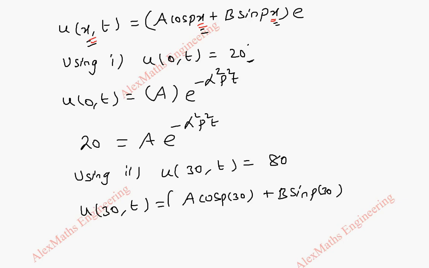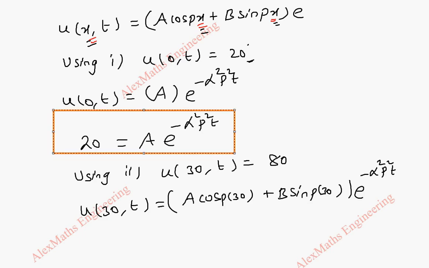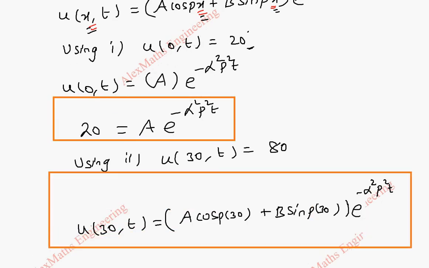So we substituted x as 30, e power minus alpha square p square t. Now it is difficult or not possible to solve these two, because the other side we have a constant.